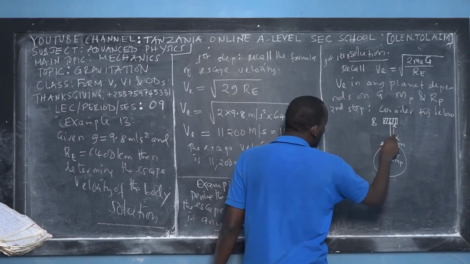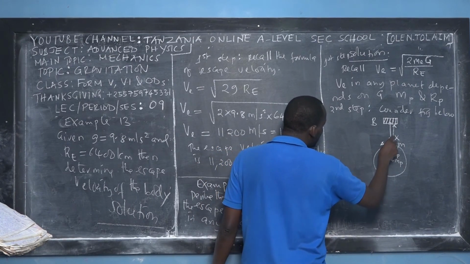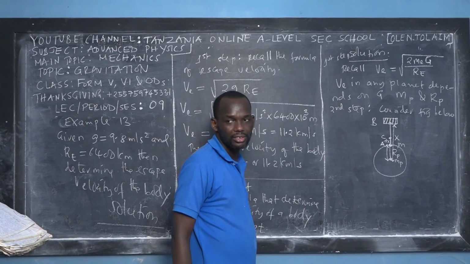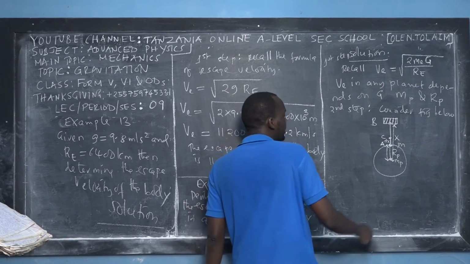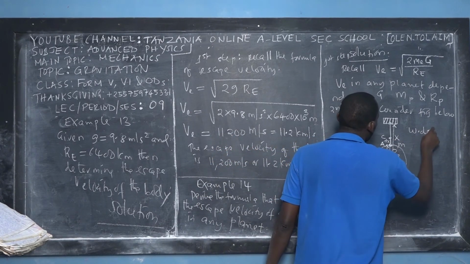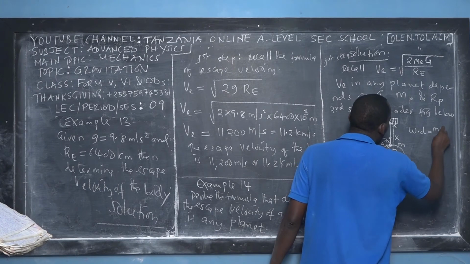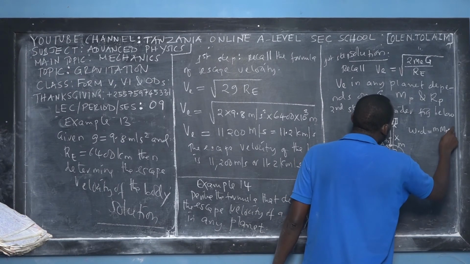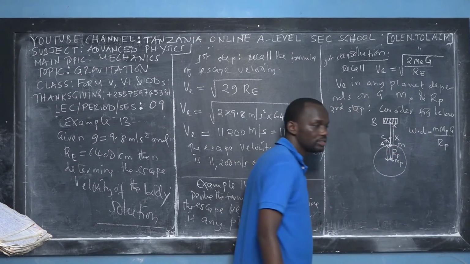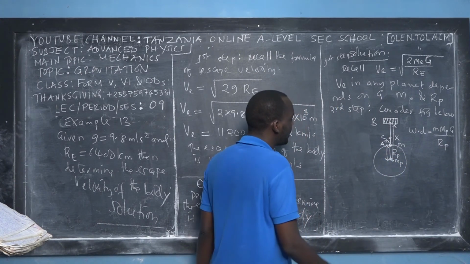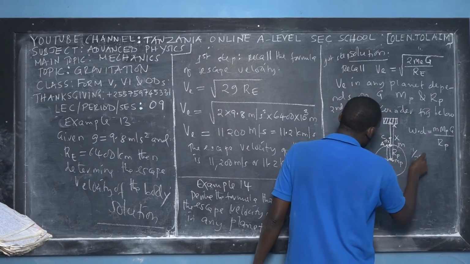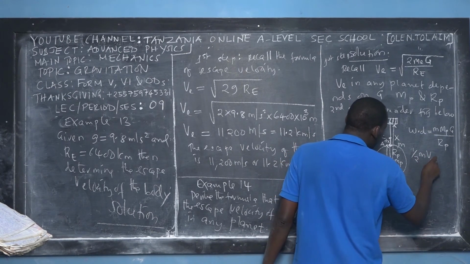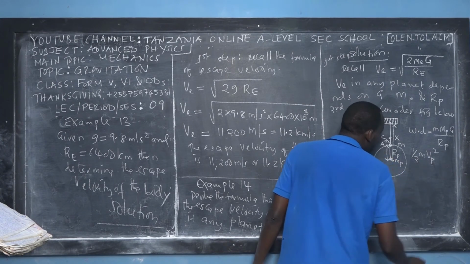And suppose the small distance through which we took this body is called dx. Similarly, you derive the work done required to take it, and you'll find that it is the mass of the body times the mass of the planet times the gravitational constant G over the radius of the planet. And the kinetic energy of the body is equal to a half mass times the escape velocity in that planet squared.